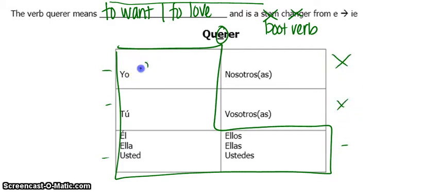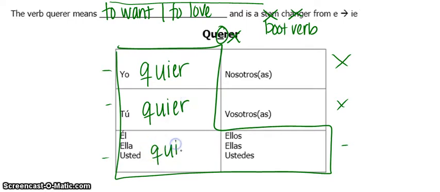So normally when we conjugate it, we'd drop the ER and we'd be left with the stem QUER. But now that E right there is going to change to IE in all of the forms except nosotros and vosotros.